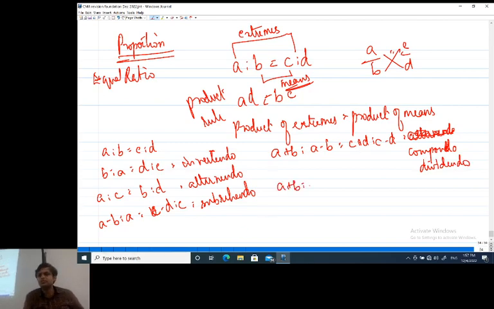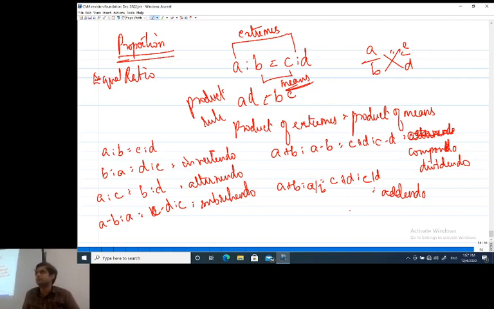A plus B is to A equal to C plus D is to C. This is called addendo. This can be A or B, this can be C or D. And for subtrahendo and addendo, it can be any one of the two variables that you add or subtract. Still they will be the same.